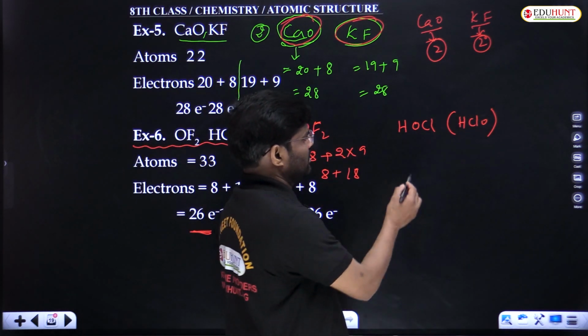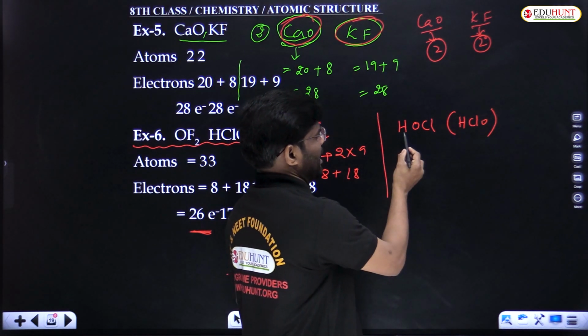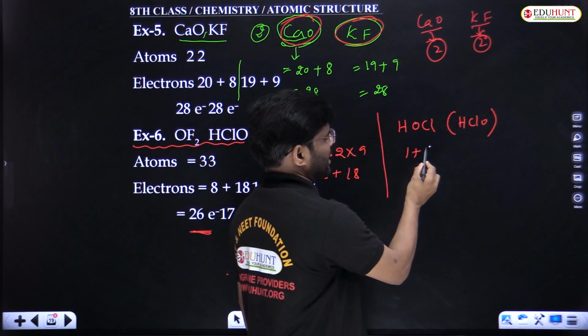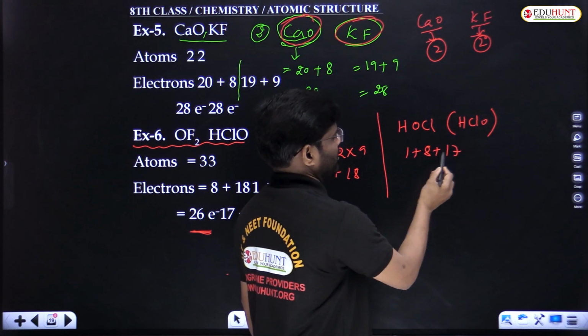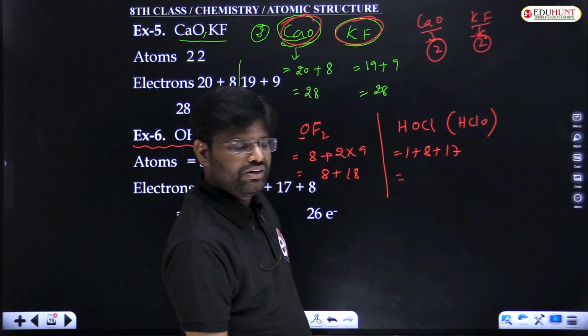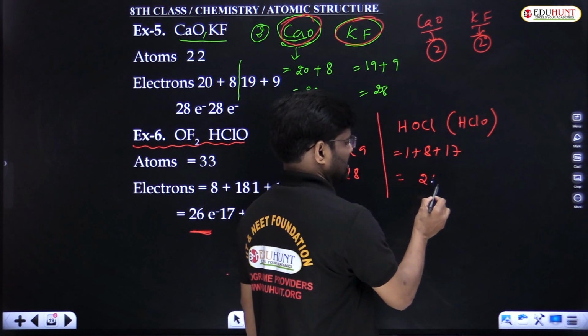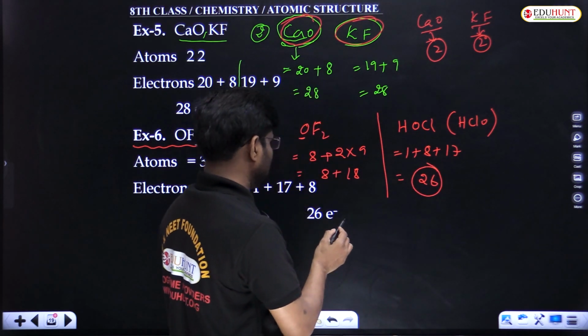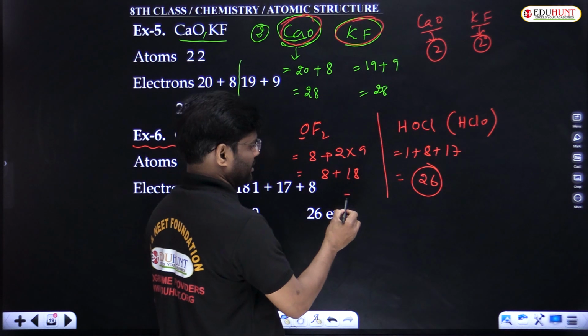In HOCl, hydrogen 1, oxygen 8, chlorine 17: 17 plus 1, 18, plus 8, 26 electrons.